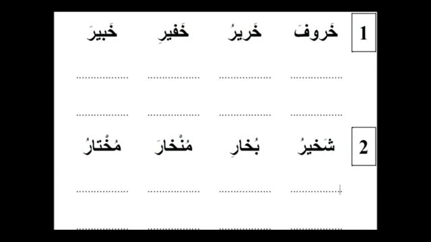The dot on the top. So now you should do the next 2 rows. Pause, and then we'll go through it together once you're done.